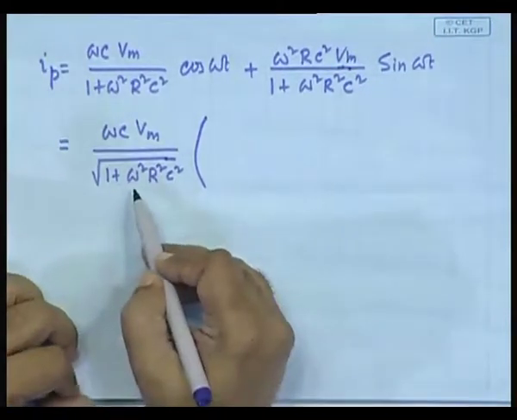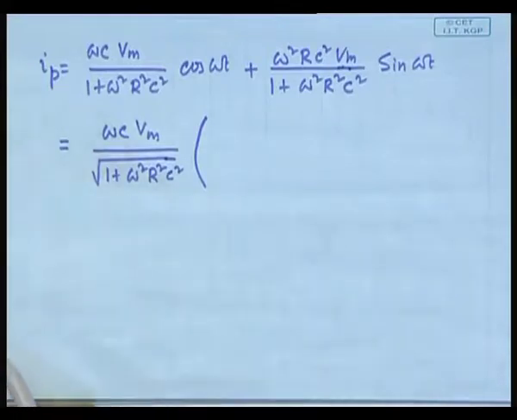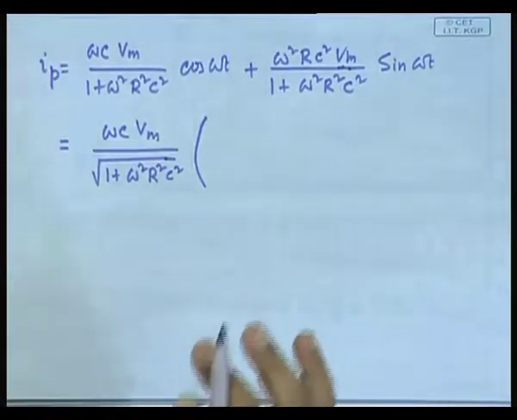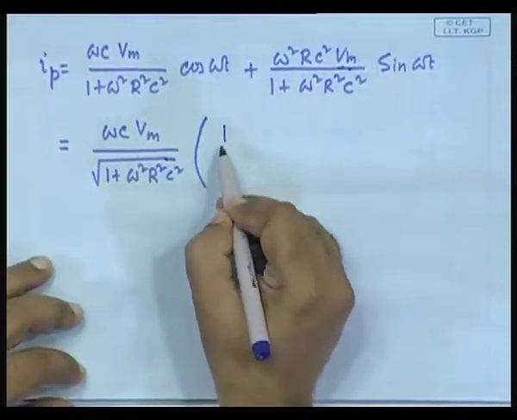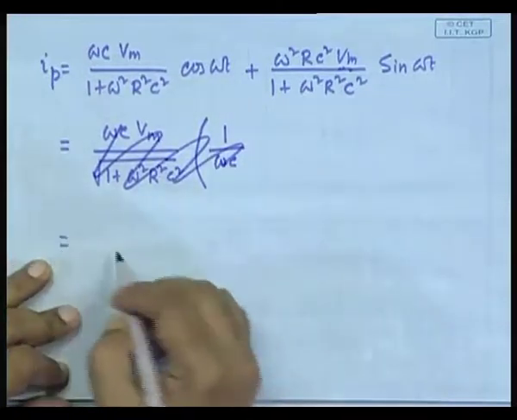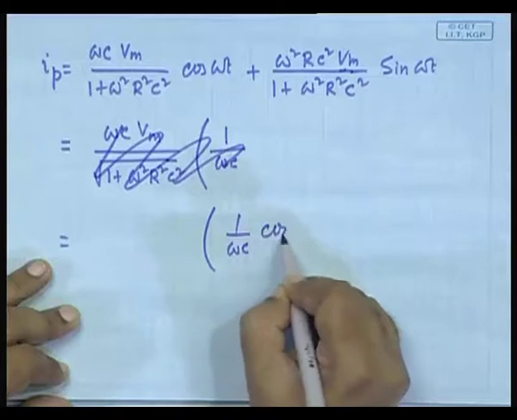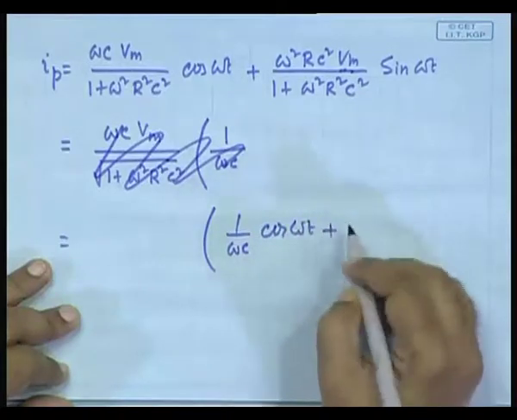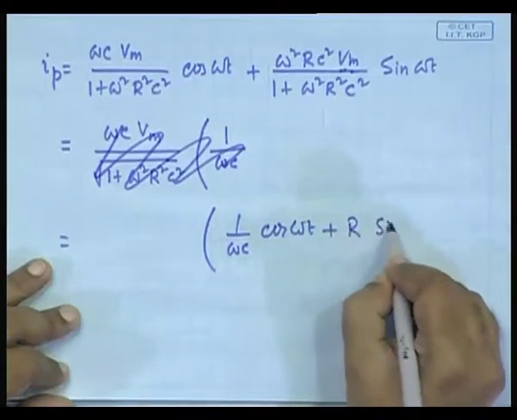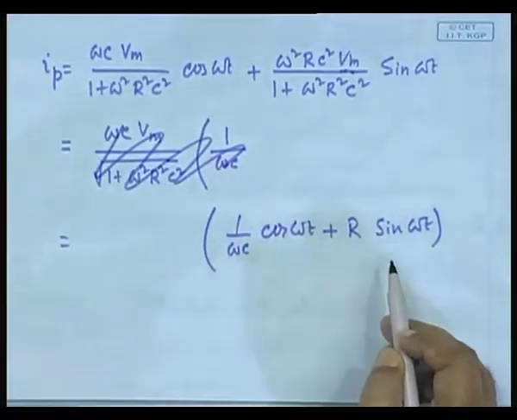Yeah. So, inside we will have another root over 1 plus omega square r square c square. How does it help? It will be far more easier if we keep this. I'll write it separately. If you keep 1 by omega c cos omega t plus r sin omega t, you will see what I am driving at.